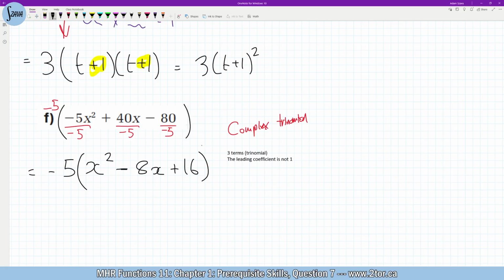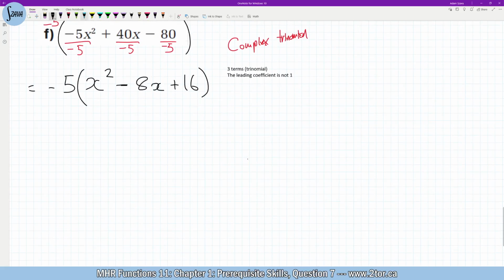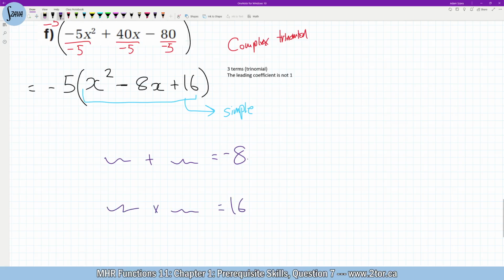And at this point, again, you can factor the middle bit here as a simple trinomial. So this is simple, and we factor this by finding two numbers which add to -8 but multiply to 16. And those numbers are -4 and -4.